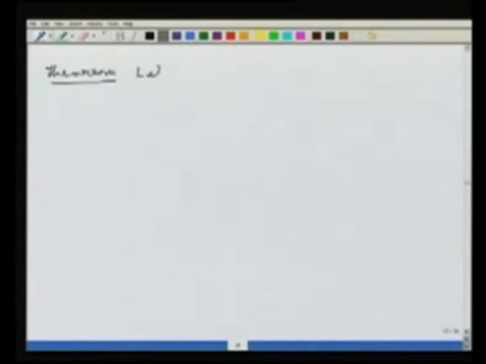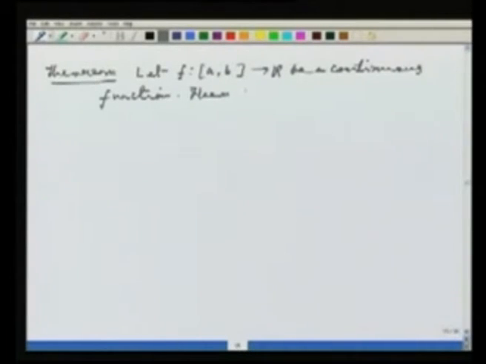Let f from closed interval [a, b] to R be a continuous function. Then f is uniformly continuous.